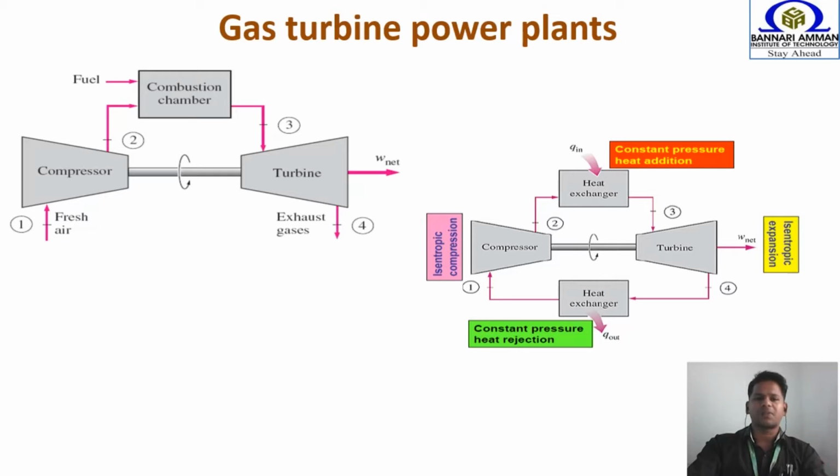We are unable to supply the energy input required for this compressor. So we couple the shaft of the compressor with the turbine. Let us assume you get 1000 kilowatt of work output from this turbine, and maybe 200 kilowatt of work input is given to the compressor, and finally you get 800 kilowatt as net work output. So this is what happens in your open cycle.